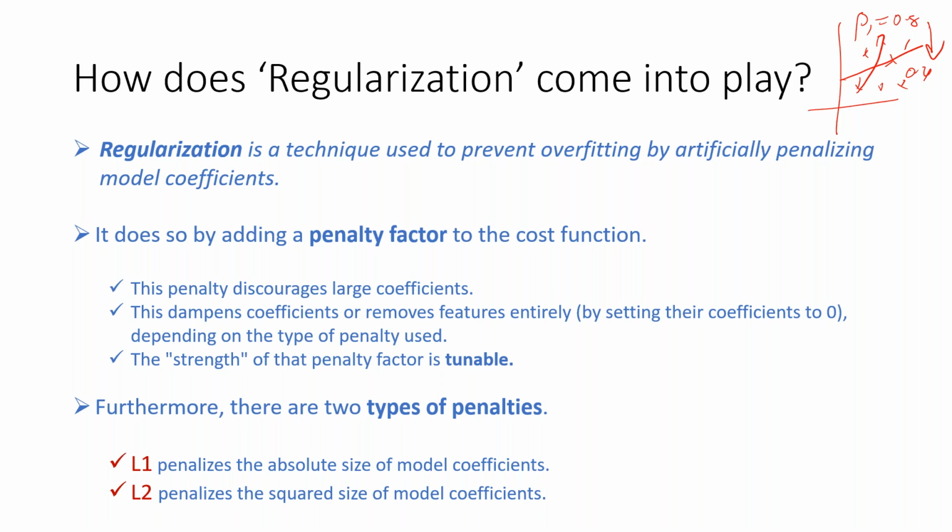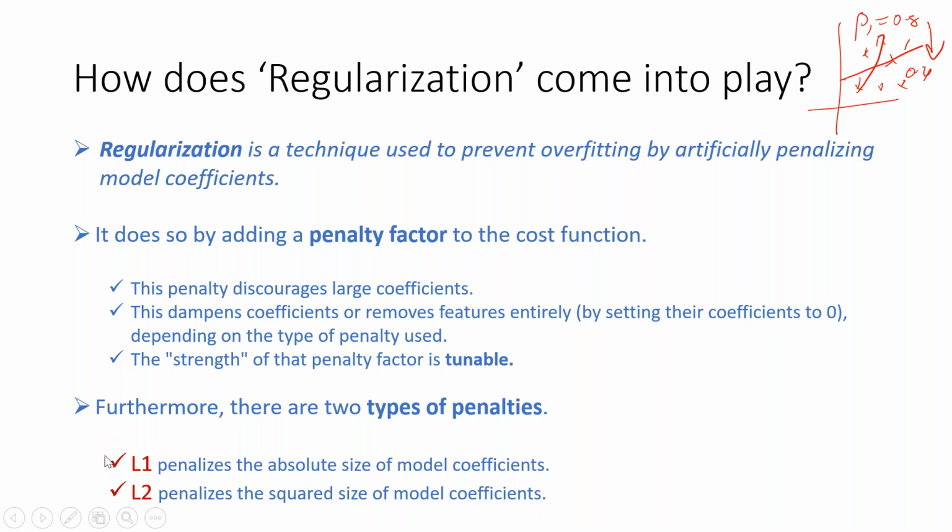To understand regularization, we have to understand the cost function. An unregularized cost function with a small number of data points will typically have higher slopes and large beta coefficients. So we have to dampen them or make them zero by adding penalty factors, so we tilt it with lower slopes. That is what we are really doing.